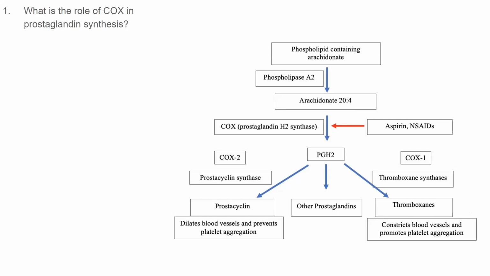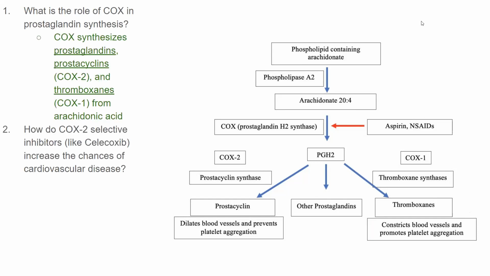So obviously, we just talked about the role of COX. It's important in generating prostaglandins, thromboxanes, prostacyclins. I don't know if you guys covered this, but how do COX-2 selective inhibitors increase chances of cardiovascular disease? Did you guys talk about that at all? No, not really. Okay. Well, we won't go into detail about it, but pretty much there's just an equilibrium between COX-1 and COX-2. They're both active.